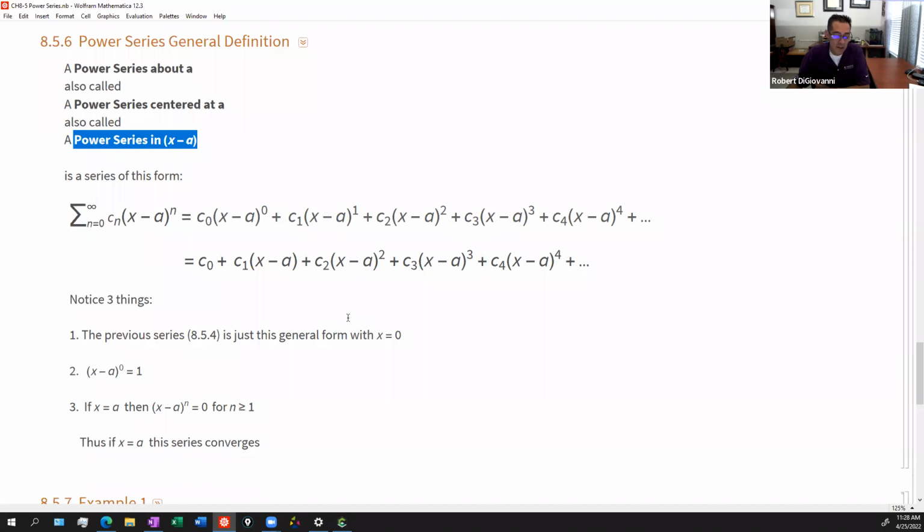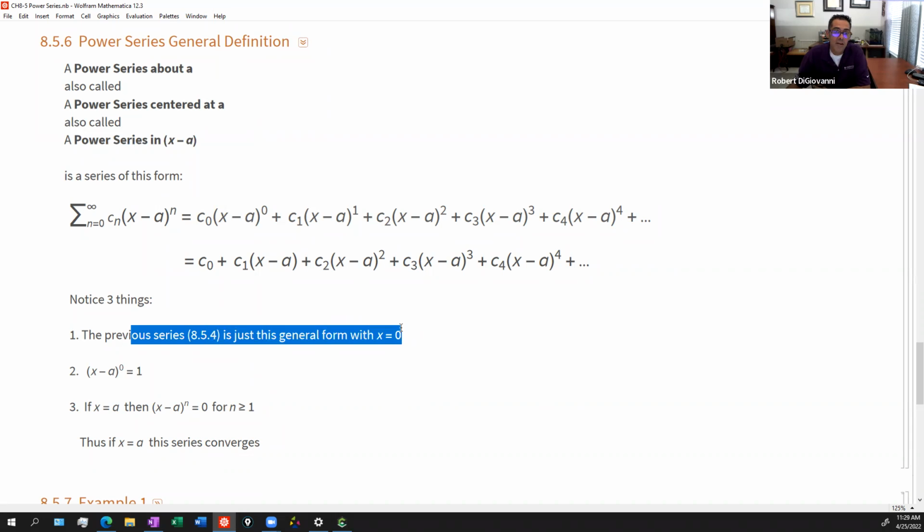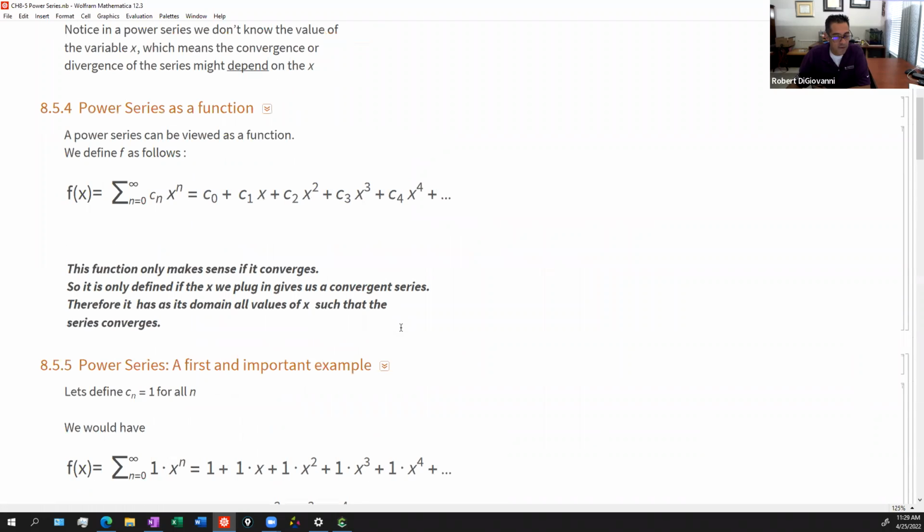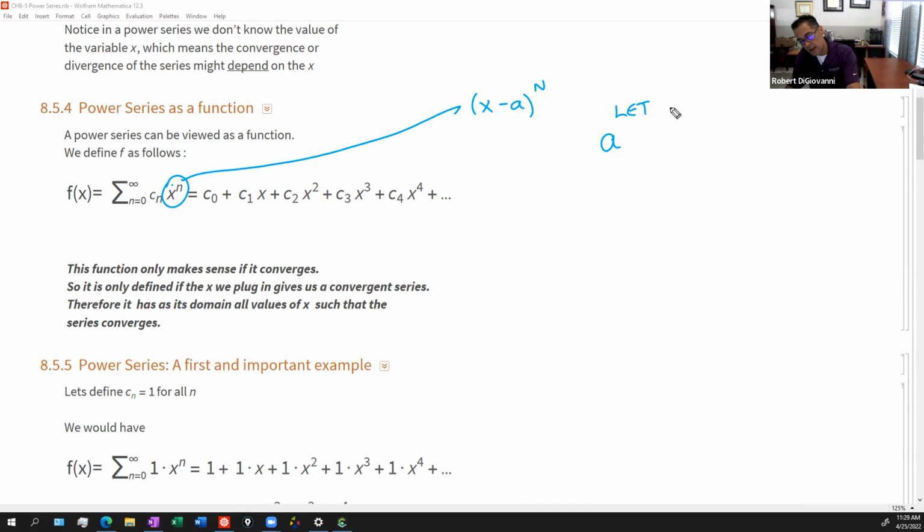Notice 3 things about this. First thing, this is the same formula that I just told you. So back up here, when I gave you that first definition, what I was really lying to you about was this. This right here was really x minus a to the n, but I was letting a be equal to 0. If a is 0, it's x minus 0 to the n, and that just means x to the n.